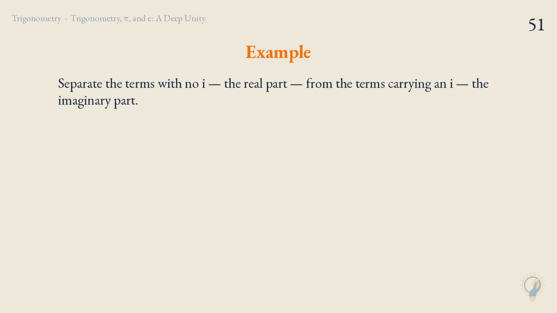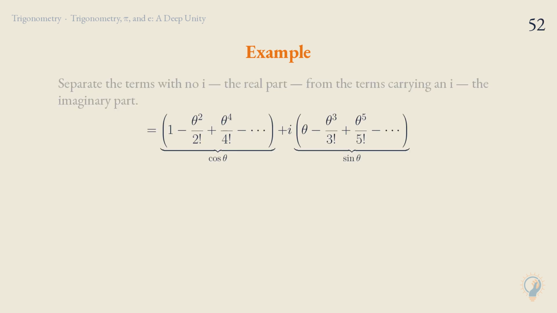Separate the terms with no i, the real part, from the terms carrying an i, the imaginary part. This equals the real group: 1 minus theta squared over 2 factorial plus theta to the 4th over 4 factorial minus and so on, plus i times the imaginary group: theta minus theta cubed over 3 factorial plus theta to the 5th over 5 factorial minus and so on.